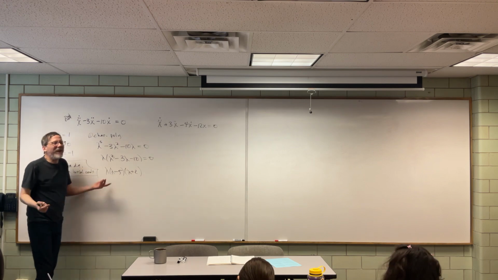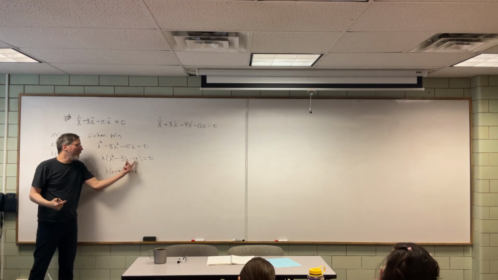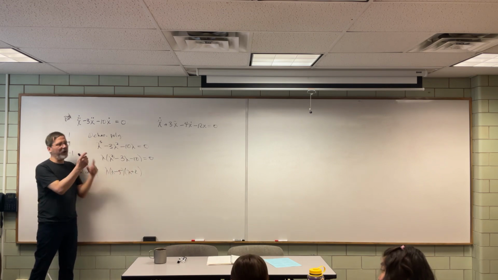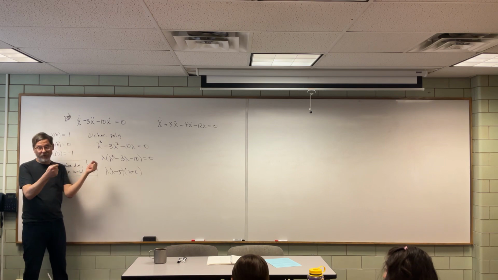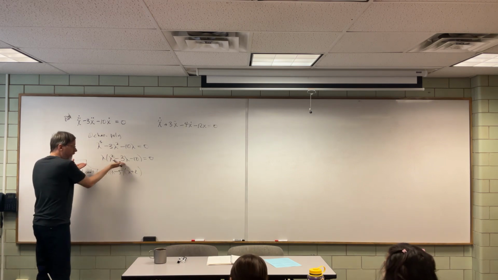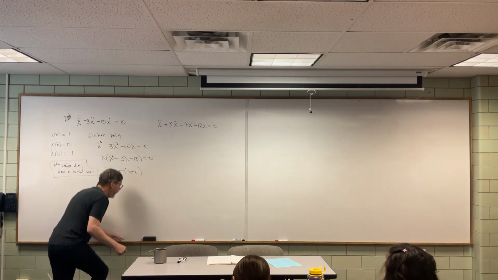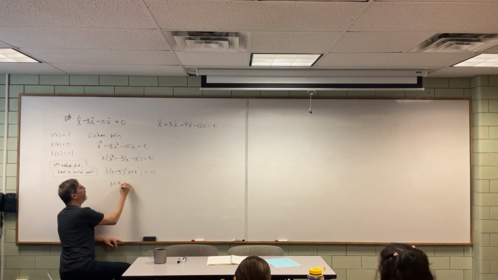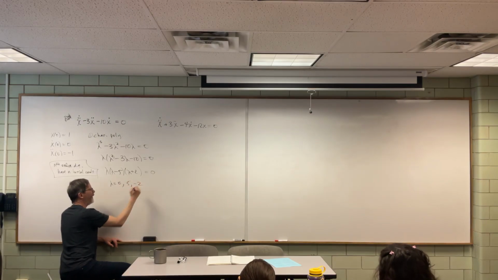But 5 and 2, you can get 3 out of those if you add them in the right way. So just toss it in and then adjust the negatives and positives to match the inner term. And then this is equal to 0, so I've got lambda equals 0, 5, or negative 2.